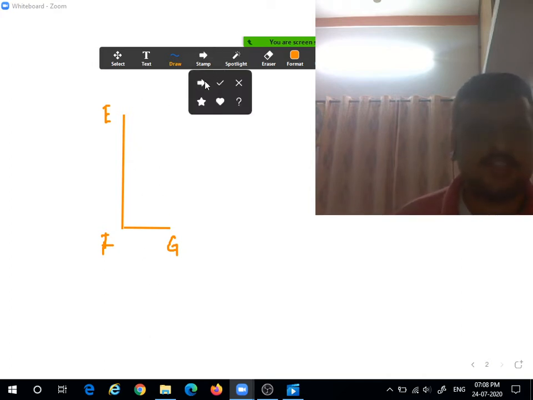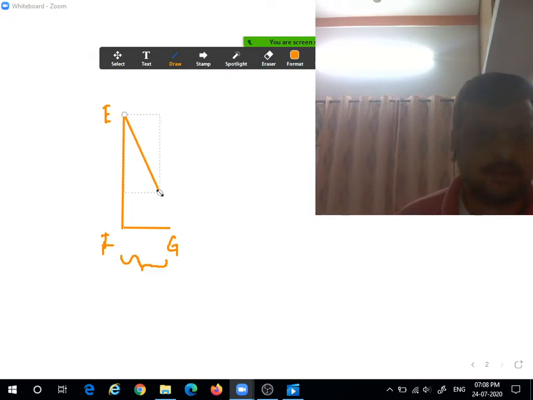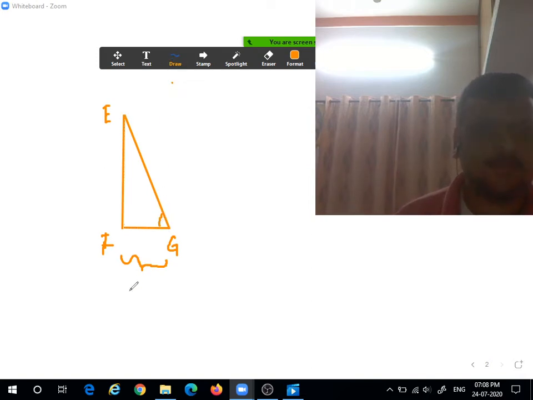If we can measure the distance of the shadow of the Qutub Minar, and also if we know the angle of elevation, say for example the shadow is 50 meters and the angle of elevation is 30 degrees, then we can find the height of the Qutub Minar with respect to various trigonometric relations.